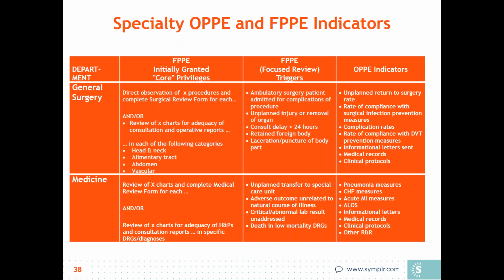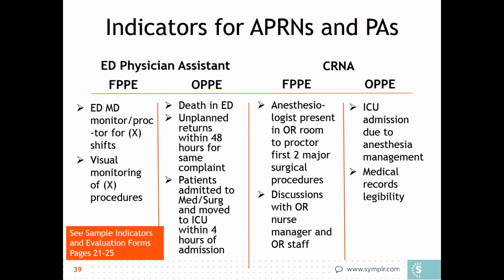For OPPE, pneumonia measures, CHF, looking at all these ongoing indicators that we look at on an ongoing basis. So these need to be defined by the department according to the Joint Commission.